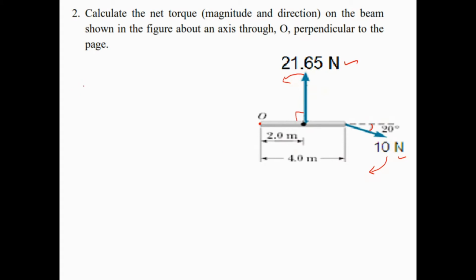So for the net torque, again we have to deal with the rule RF sine theta. For the first part, the 21.65 Newton, we have to consider the angle as 90. For the second part, we have to consider 20. So I'm going to write the rule. The net torque for the first force is RF sine theta, and RF sine theta.